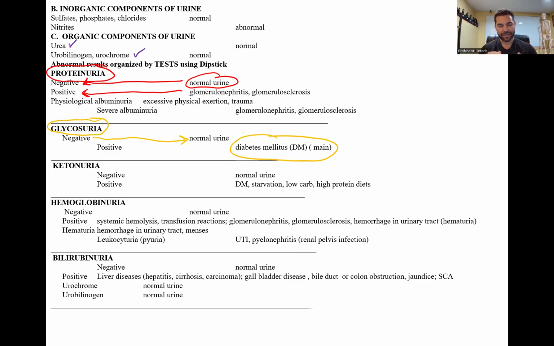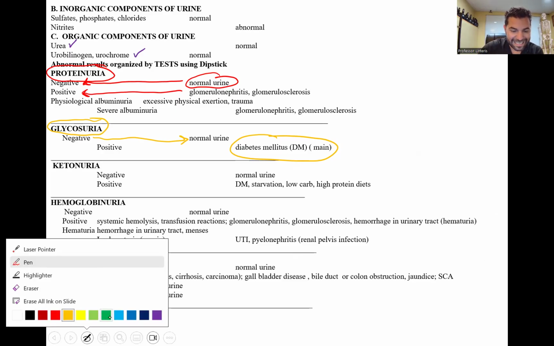In the case of diabetes mellitus, your blood sugar spikes super high. We cannot reabsorb all that sugar in the PCT like we talked about, and some of that sugar will pass by, and thus it will come out in the urine. So in a normal individual, non-diabetic, we should be able to reabsorb all that sugar because their blood sugar is maintained. But in the case of diabetes mellitus, we will often see glycosuria.